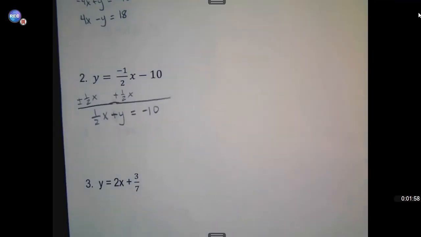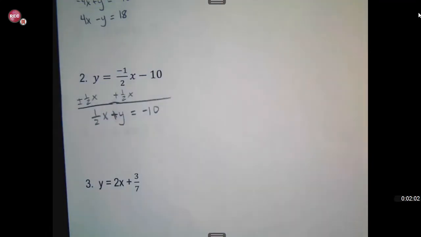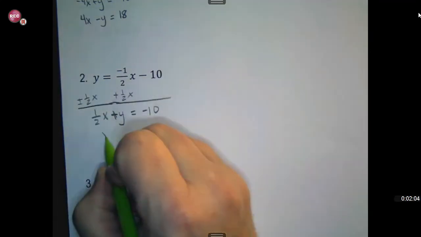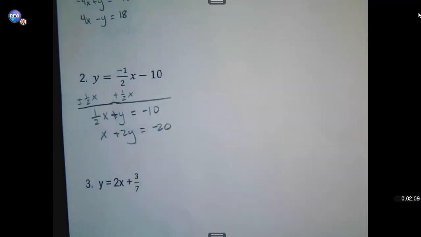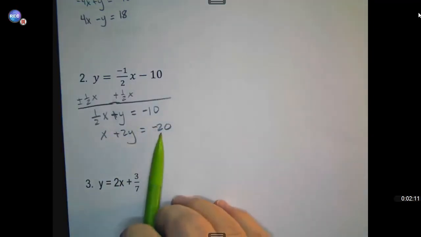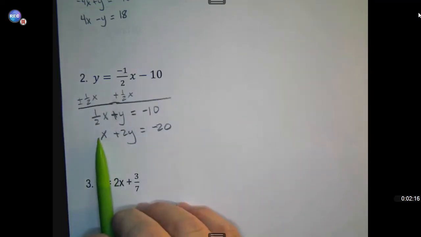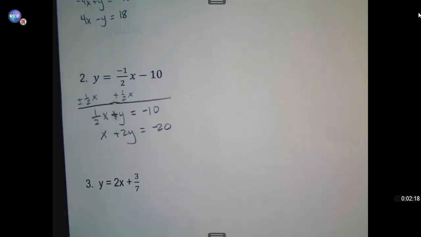And so I'm going to need to multiply everything by 2 to get rid of that fraction, which will give me x plus 2y equals negative 20. And that can be negative over there. The only one that can't be negative is A, this one, and it's not. So that's our answer. Okay.